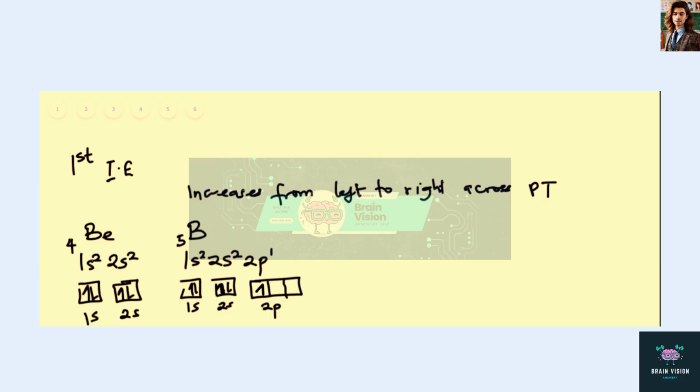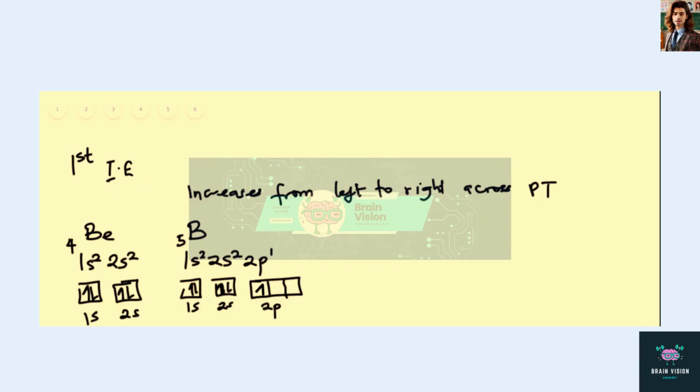But when you come to the boron, 1s orbital is completely filled, 2s orbital is completely filled, but the p orbital is having just 1 electron in it. And this will lead to the destabilization of the p orbital, so the energy is going to be high, and that will make the boron higher in energy than the beryllium.